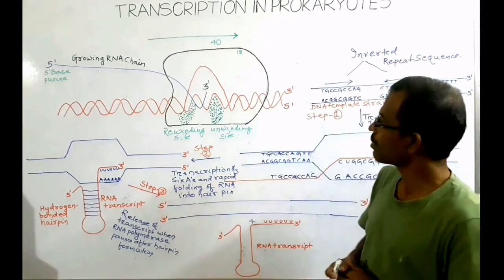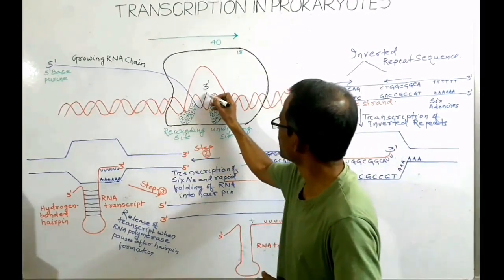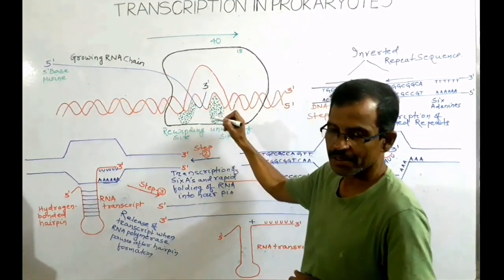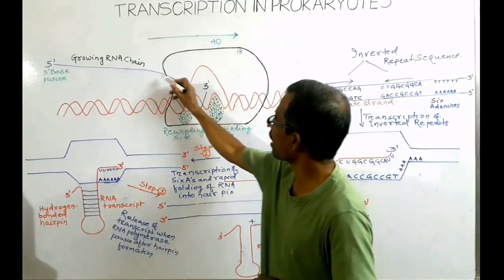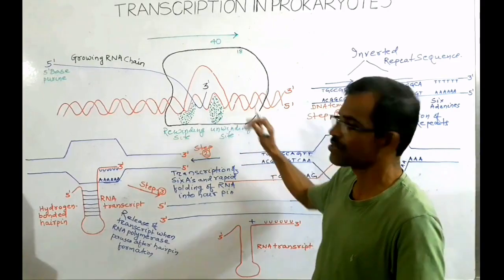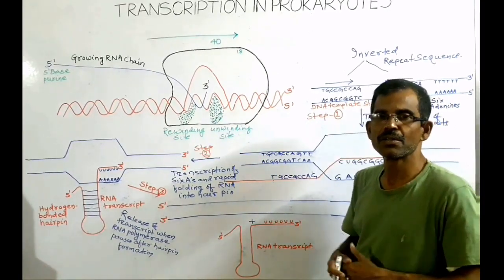During the process of elongation, this blue colored strand is the growing nascent RNA chain. During elongation, this growing RNA chain is displaced from the template strand, so the process of elongation can continue.